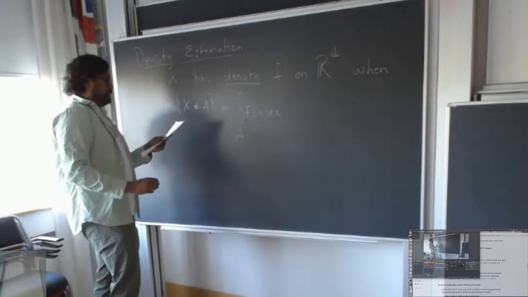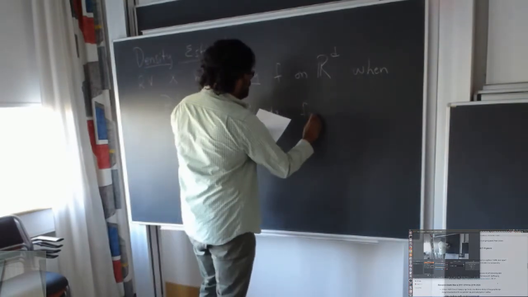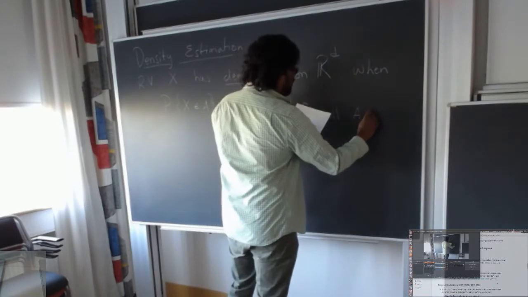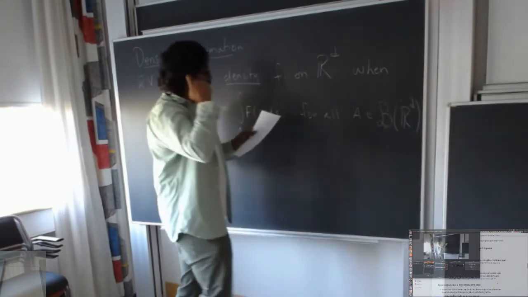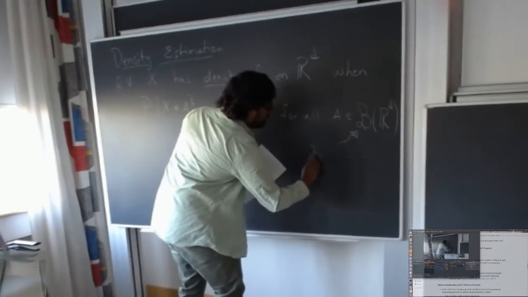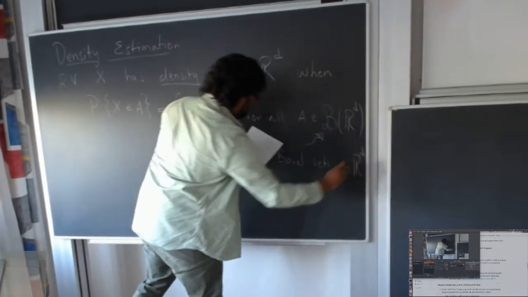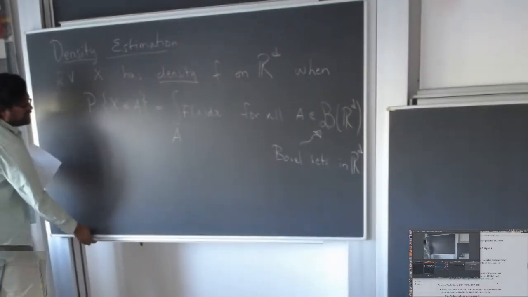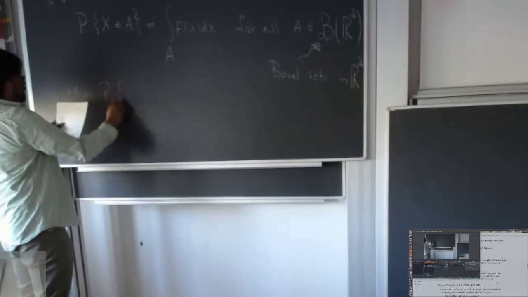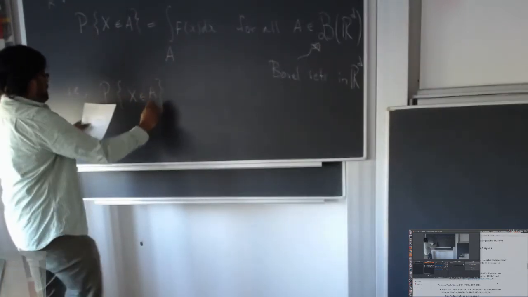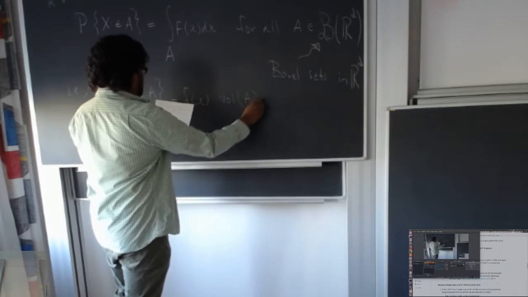Okay. So here, for all A in the Borel sets over R^d. Okay. So what does this really mean? We mean the probability of this event, x being in A, is given by f of x times some Lebesgue volume of A. Okay?